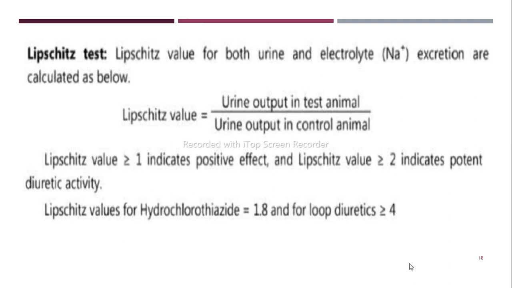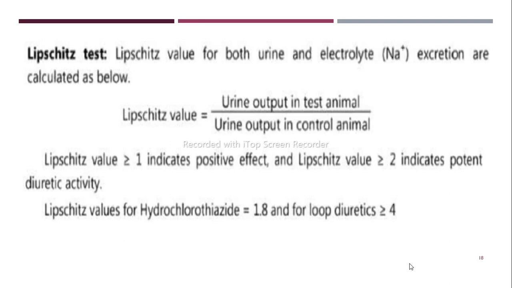We have to compare the value of our test extract with the Lipschitz value of these established diuretics, and from that we can conclude whether our diuretic has medium efficacy, high efficacy, or weak or low efficacy.